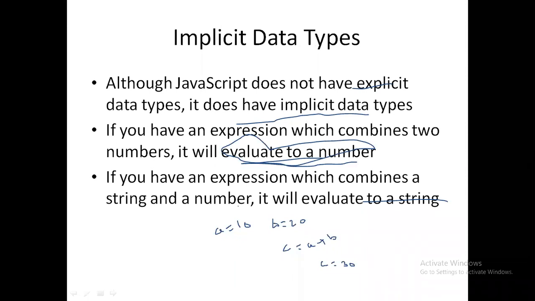Now if you combine a string and a number, say here I have x is equal to 10, and I have y is equal to, in single quotes, ABC.